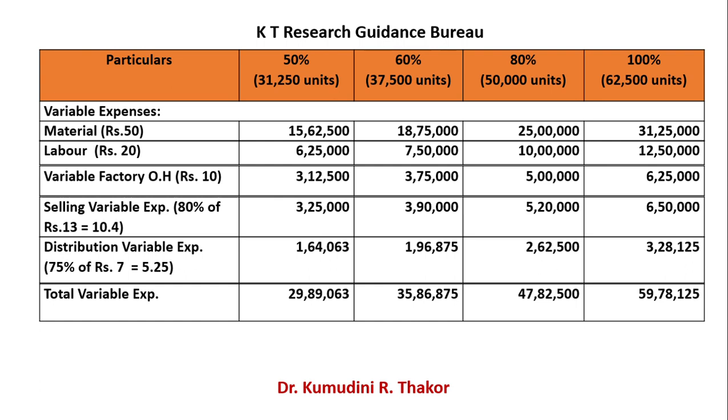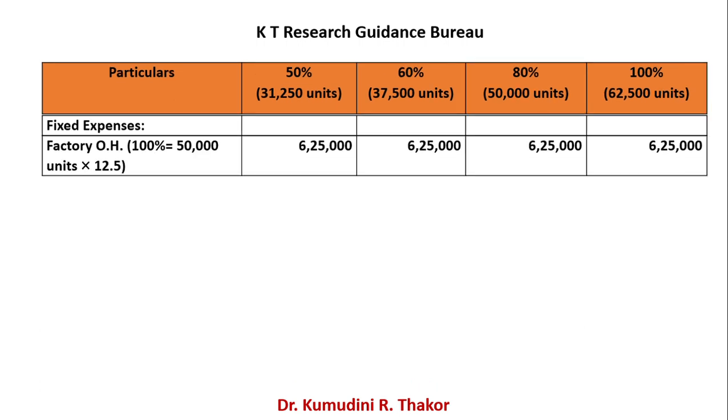Now let's try to understand fixed expenses. Factory overheads 10% fixed. It is 50,000 and 12.5. So your answer is 6,25,000, it will remain the same for all categories.